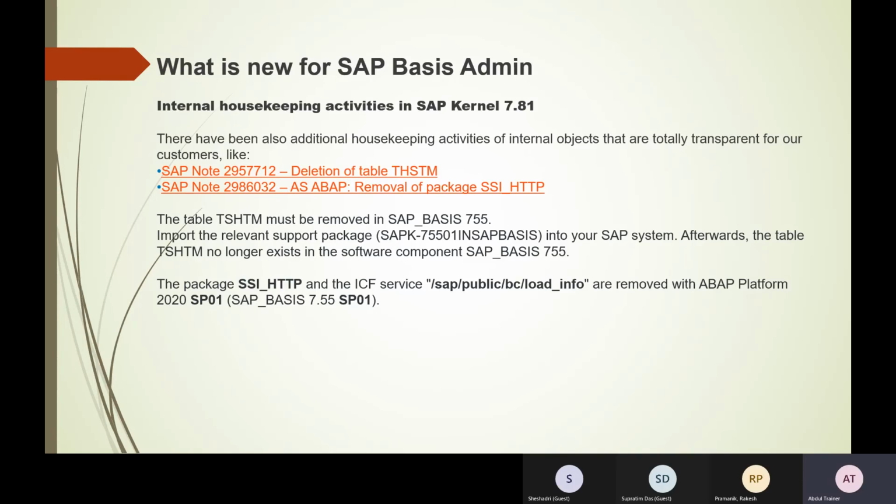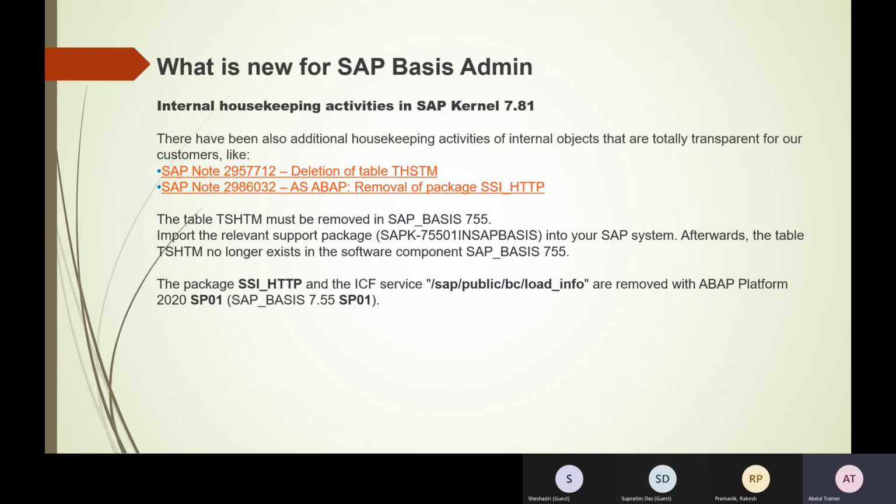So some internal housekeeping activity related to the SAP kernel 7.51 is also there. If you need to go through more on this, you can go with these two SAP notes: a deletion of the tables TS_HTM, and then removal of the packages SSI_HTTP.